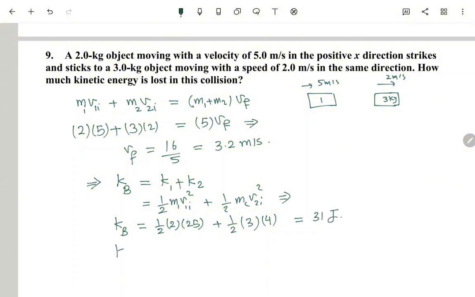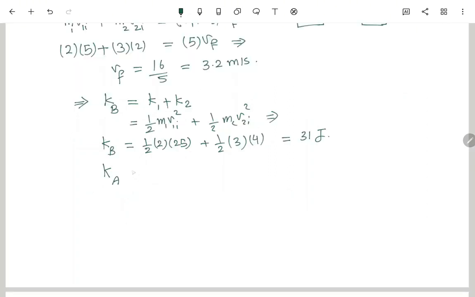Now, kinetic energy after the collision is equal to half m1 plus m2 times v final squared. You substitute here, half times 5, which is 3 plus 2, times the final velocity, we just calculated this one here, it's equal to 3.2 meters per second, squared. After all, it's equal to 25.6 joules.